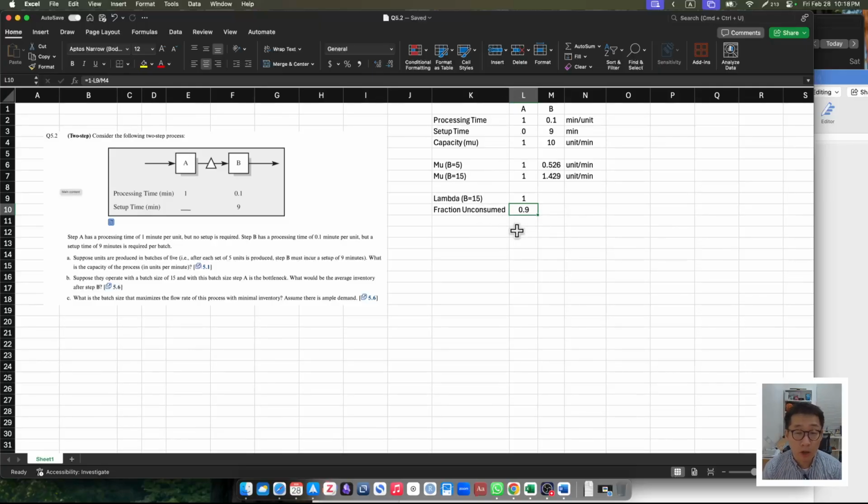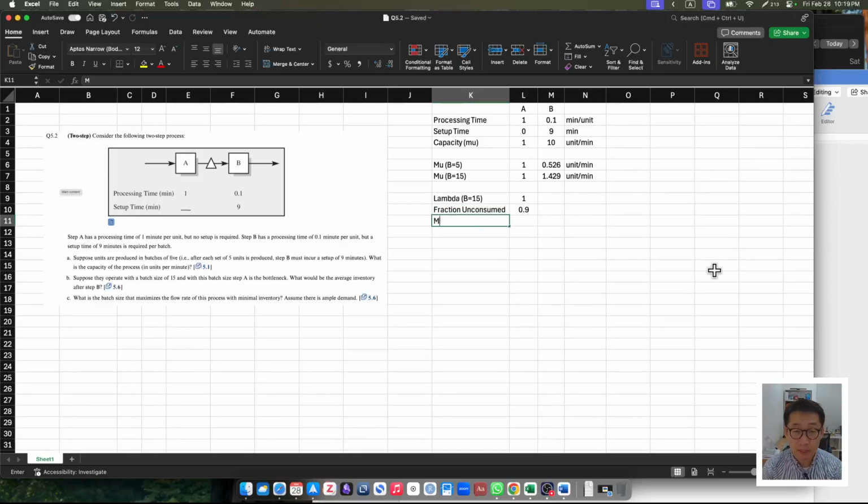But out of how much is it unconsumed? You recall, it is going to be out of 15. By the time you're done making 15, how much would have passed through already? How much would have still remained there? It is 90% of 15 will still remain there.